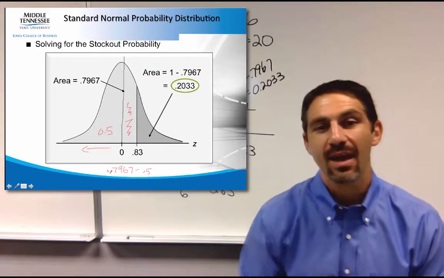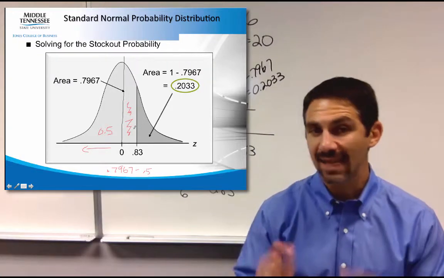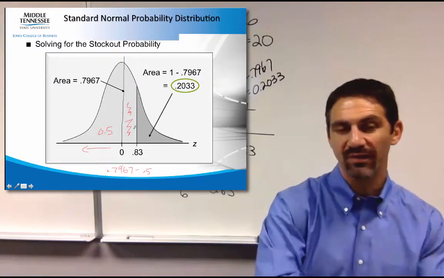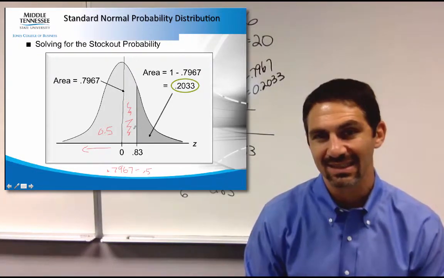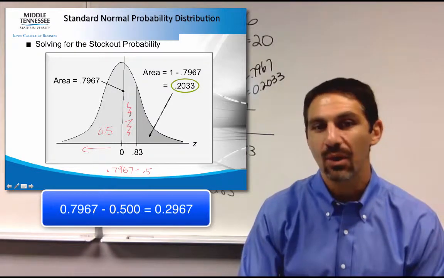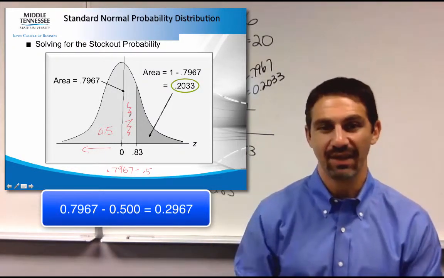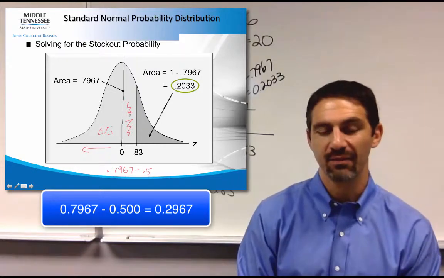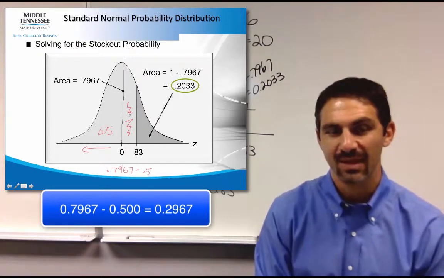Whew, that was hard. Because it's, again, two pieces of a puzzle. If you break off 0.5 of 0.7967, that leaves you 0.2967. And I'm not going to write it to save everybody from seeing my terrible handwriting.